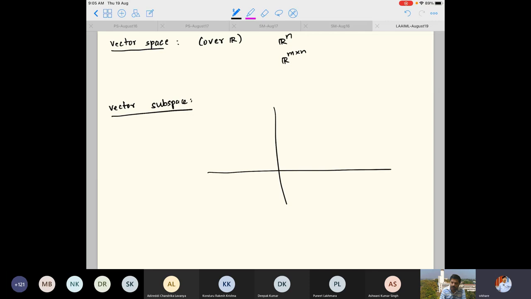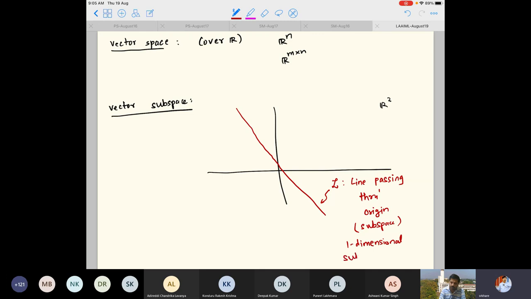That's the concept. So suppose this is the plane R2. Then in the plane R2, you would have seen that any line which passes through the origin is a subspace, right? The line passing through the origin. So this is a subspace, and you would have seen that this is a one-dimensional subspace of R2.